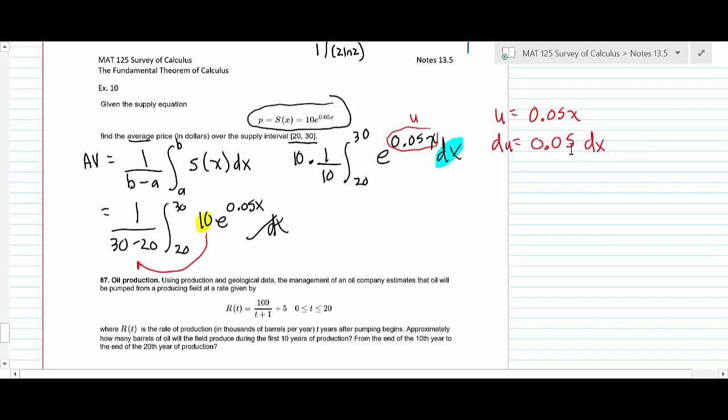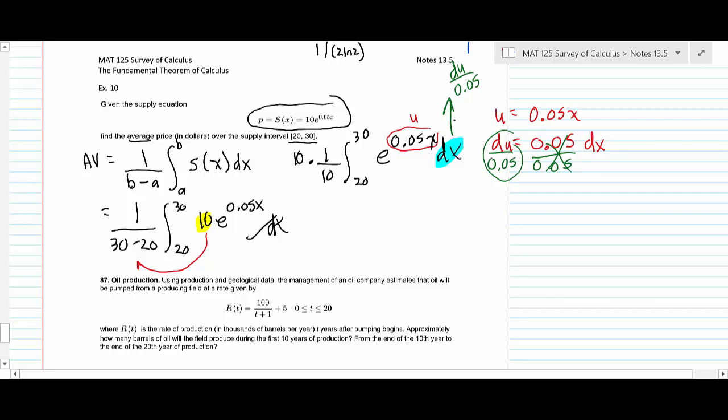You divide. What you're going to do is divide both sides by 0.05. Now it's going to match the way it's supposed to. See, dx is going to be du over 0.05. Now everything matches. You're going to have e to the u times du over 0.05.